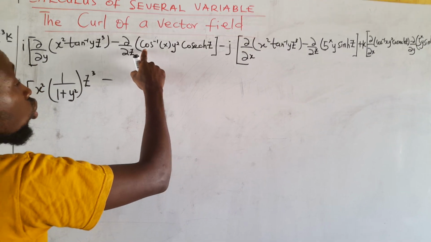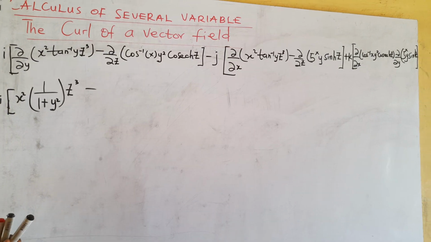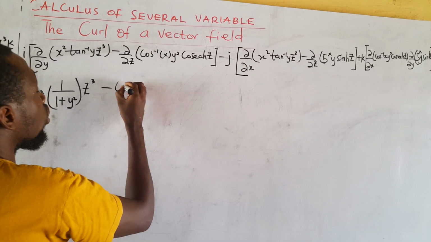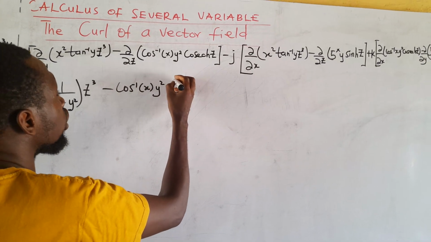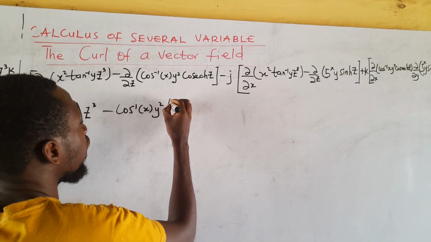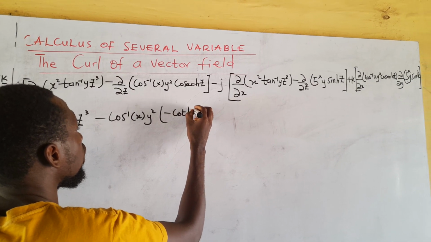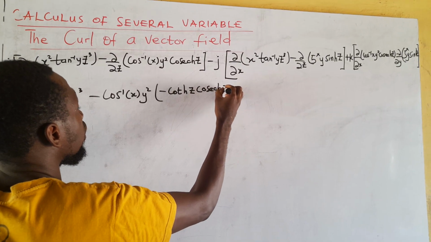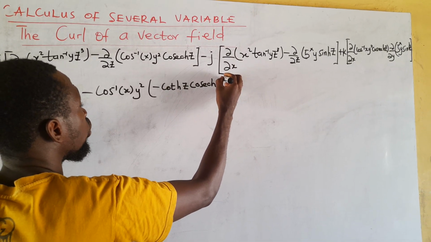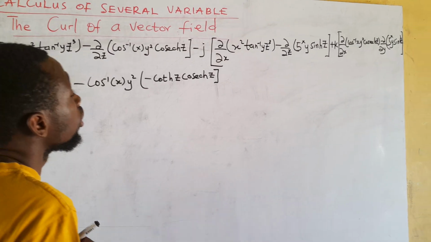That means we are going to hold the x and the y constant and differentiate cosec z. So we have cos inverse of x y squared. When we differentiate cosec z, we get negative cot z cosec z. Please check out my videos on that. That's the differentiation of trigonometric functions.